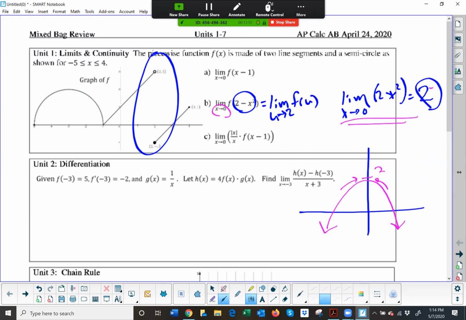So then I'm approaching 2 from the underside. So then I'm going to come over here and talk about the limit of 2 from the left. And that then we can determine the answer is 3.